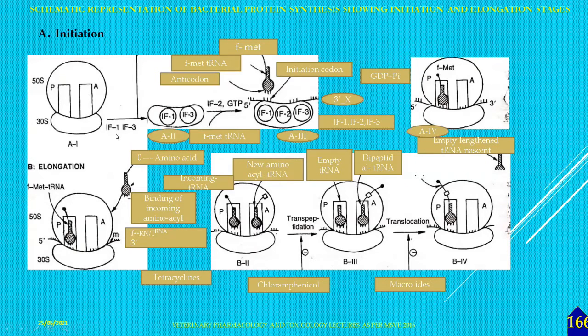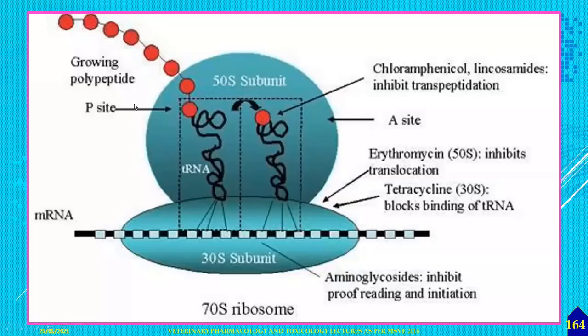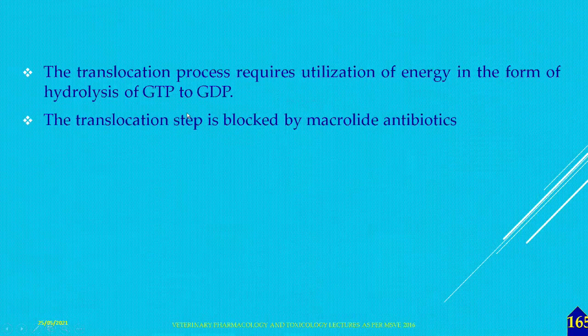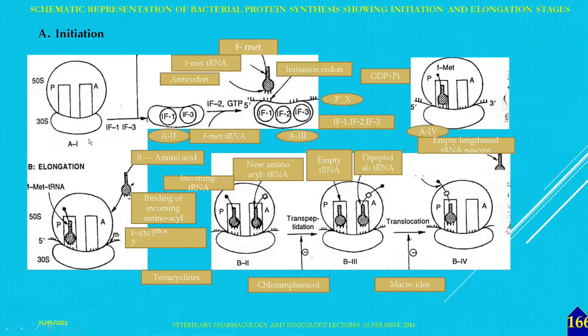Then there are IF1 and IF2; this is the A site and this is the P site. You can see the A site and P site are just opposite here. It is the same.